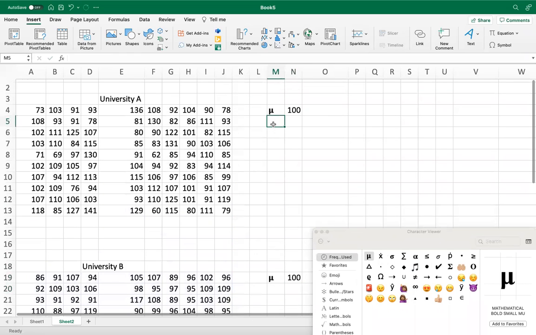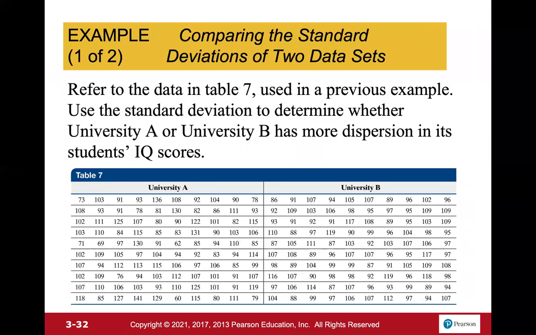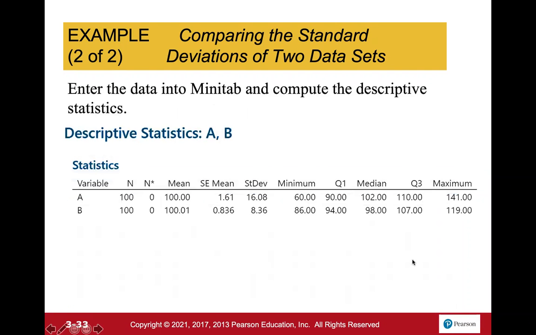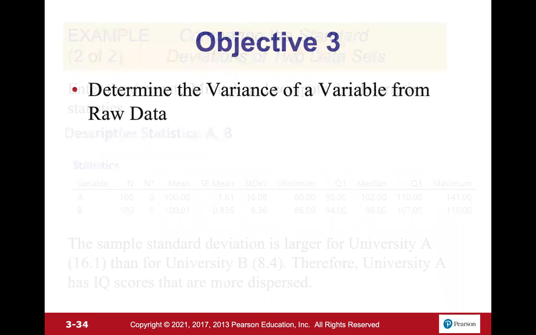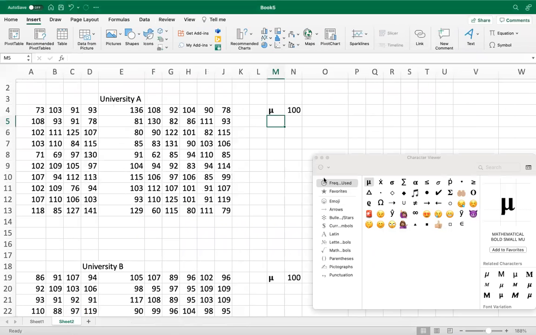Now that we have average, let's find our standard deviation. So since this is a population, or is it a sample? So use standard deviation to determine more dispersion. All right, so this is a sample, obviously, because we have more than just this many students in there.